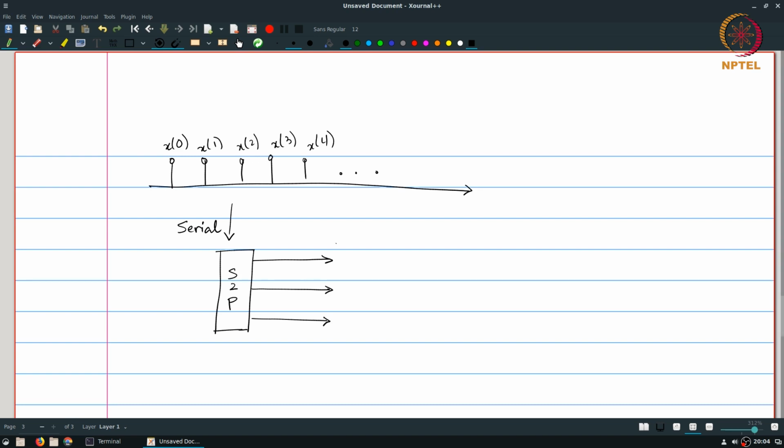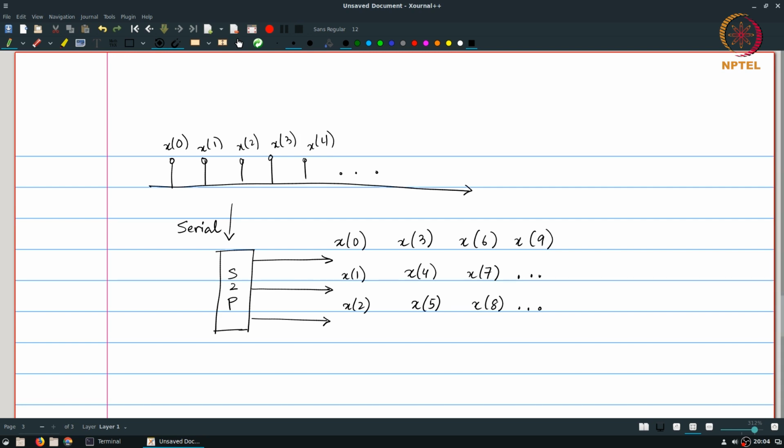What comes out on the first one is x of 0, then x of 3, x of 6, x of 9, and so on. On the second stream of data, you get x of 1, x of 4, x of 7, and so on. And on the third, you get x of 2, x of 5, x of 8, and so on.